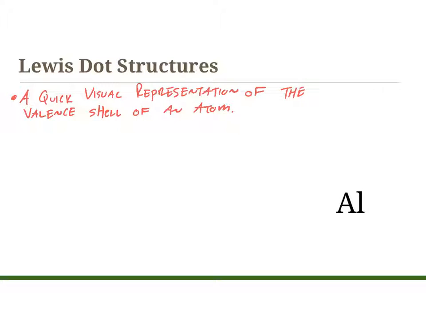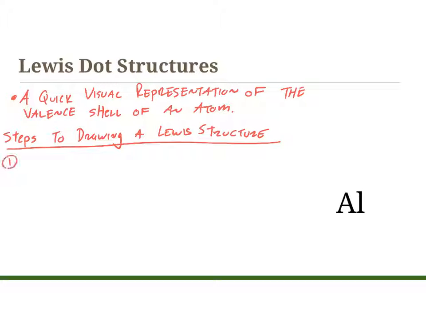And there are a couple of steps that you would do when drawing a Lewis structure. So the steps to drawing a Lewis structure are: step 1, identify the number of valence electrons in an atom.